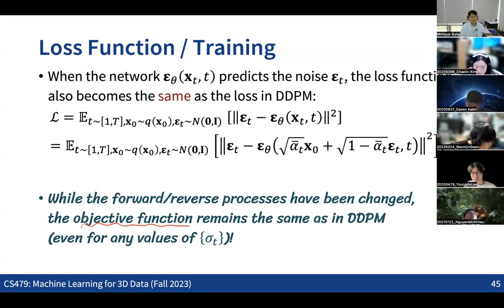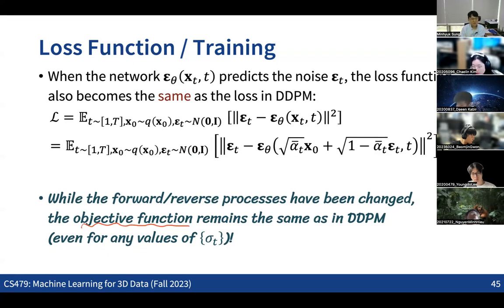Whether you run the forward and reverse processes in a DDPM way or a DDIM way, the only thing you need to do is train the noise predictor in the same way. Then, using the same noise predictor trained with the same objective function, you can run either the reverse process of the DDPM or the reverse process of the DDIM.